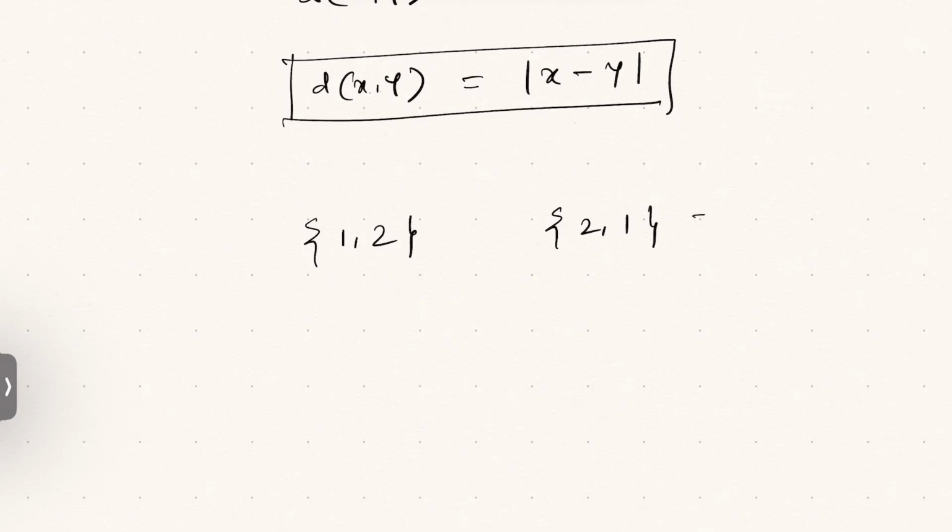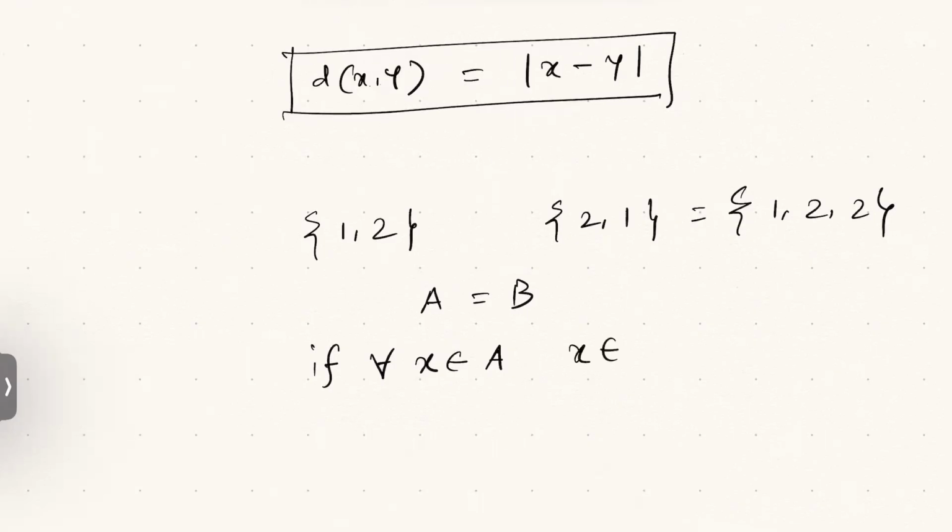That is equivalent to the set 1, 2. Because when we define set equivalence, we say set A is equal to set B if for all x belonging to A, x belongs to B, and for all x belonging to B, x belongs to A. Thank you, I understand this.